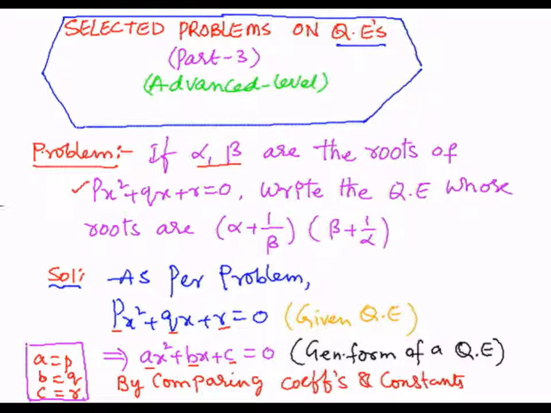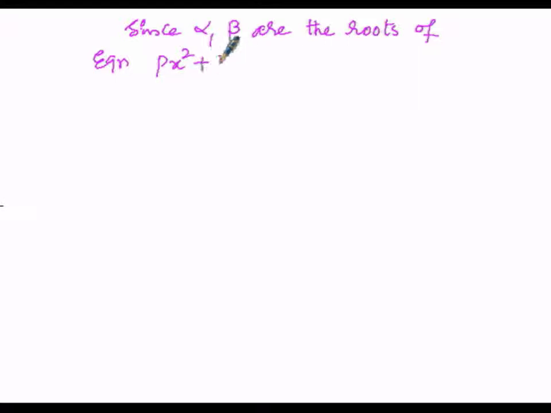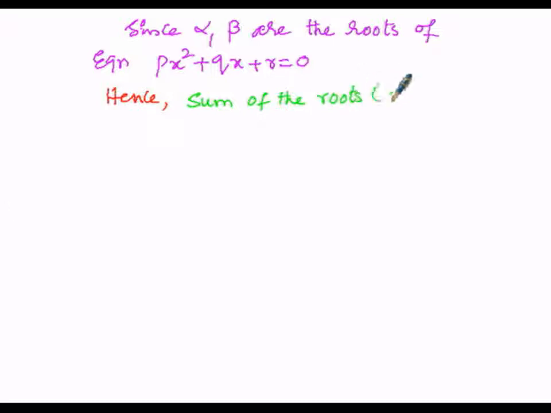So here, since alpha, beta are the roots of the given equation, that is px square plus qx plus r equals to 0, hence the sum of the roots can be denoted by alpha plus beta, since alpha and beta are the two roots.